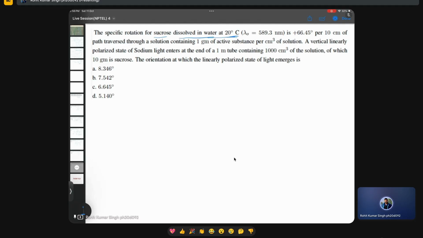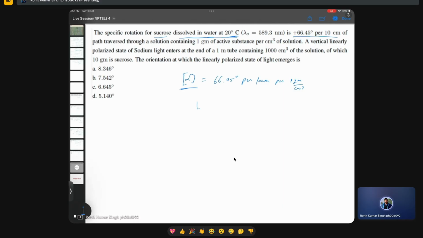The temperature is given, but we don't need it. The specific rotation is given, alpha, which is 66.5 degrees per 10 centimeters of the path traveled, and per 1 gram per centimeter cube of concentration of solution.